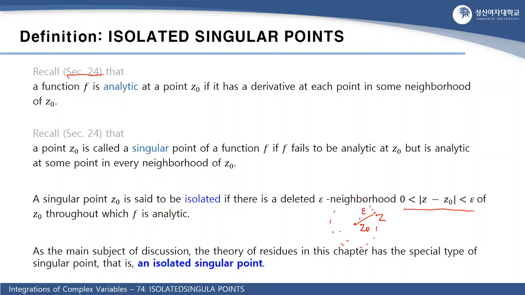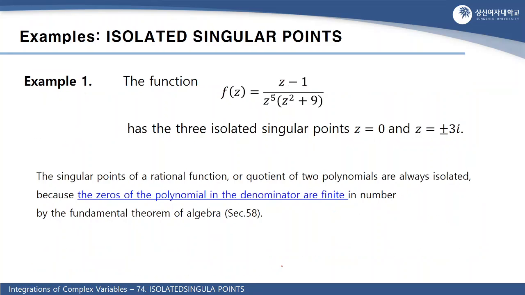And also, z cannot be the point z0. As the main subject of discussion, the theory of residues in this chapter has the special type of singular point, that is, an isolated singular point. Let's see the examples to see the isolated singular point.